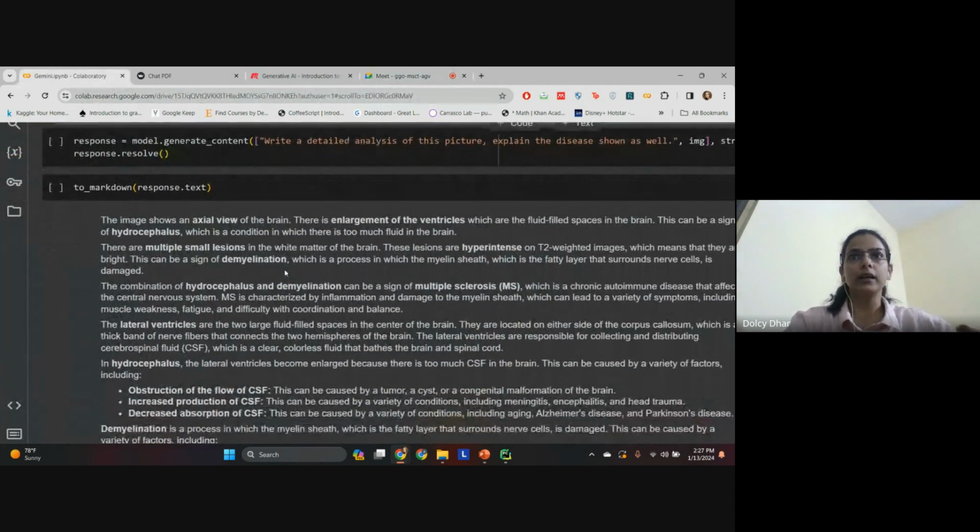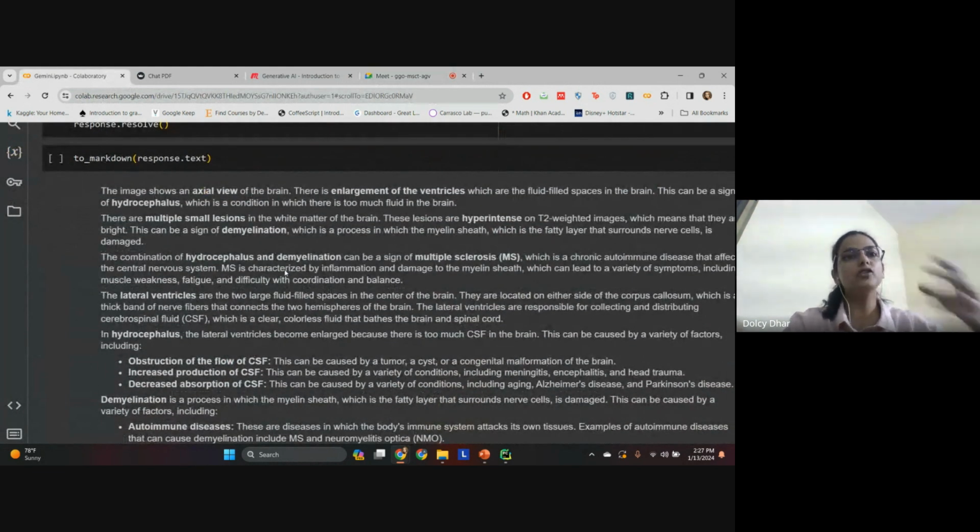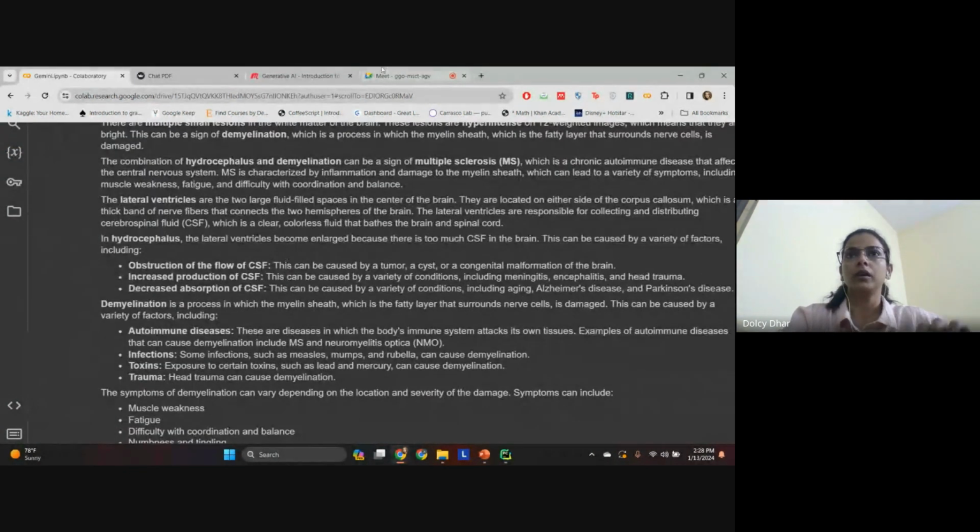If it says ventricles are enlarged, I have actually Googled the image with the disease itself and then fed it to see if it gives me the right answer. I Googled multiple sclerosis brain scan JPEG, and that's how I got the image over here.